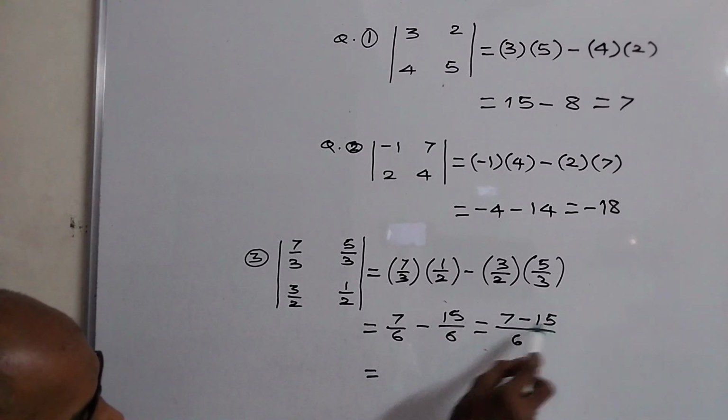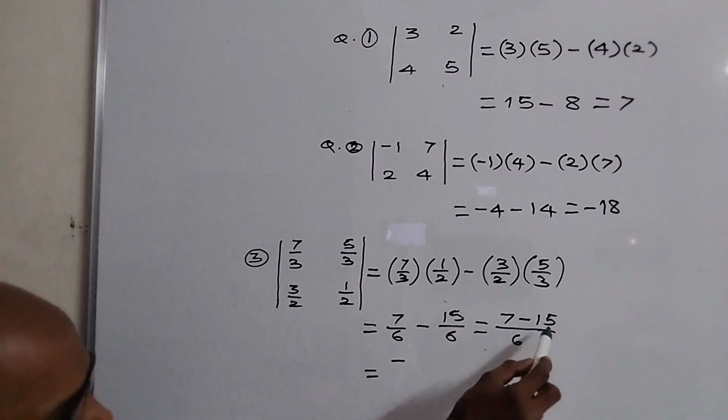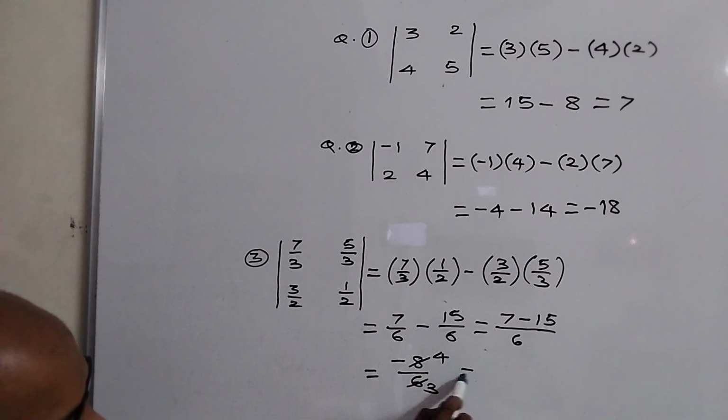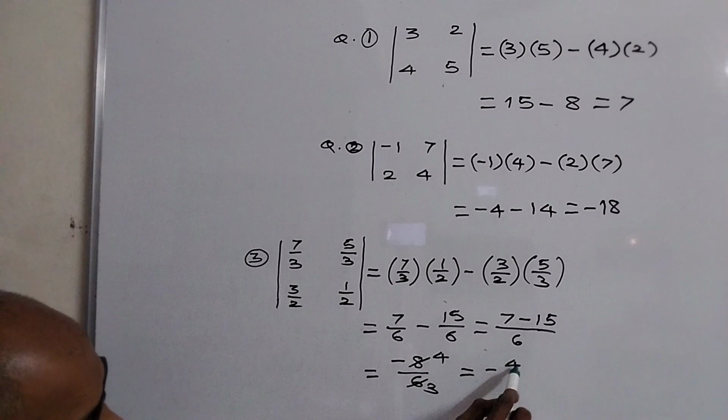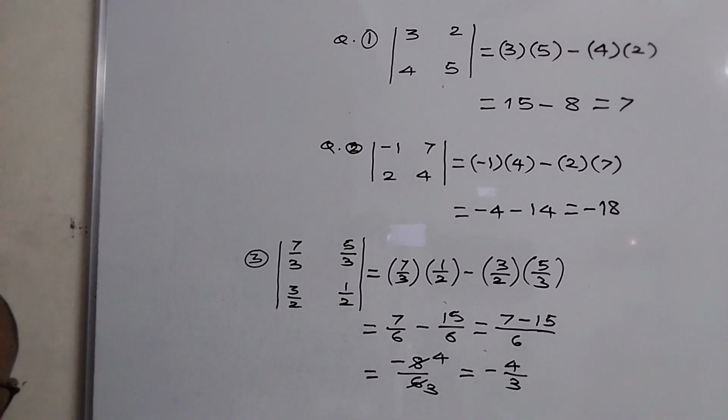Here 15 is bigger, so we give it the sign and subtract, 15 minus 7 is 8 upon 6. Therefore the 2 threes and 4 ones... the answer is -4 upon 3. Did you understand? Yes.